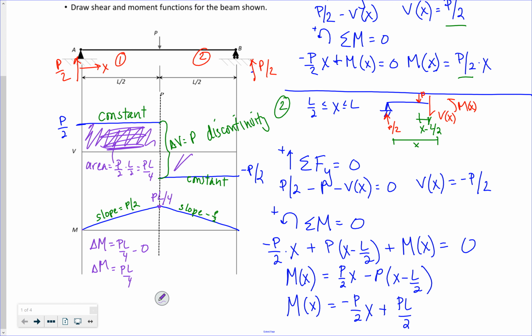Similarly, the area here, right, is equal to negative PL over 4. My change in moment is equal to 0 minus PL over 4, right? It decreases from PL over 4 to 0, so it's negative. So it's equal to the area.